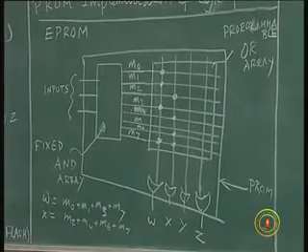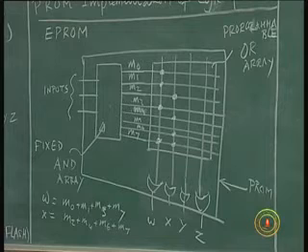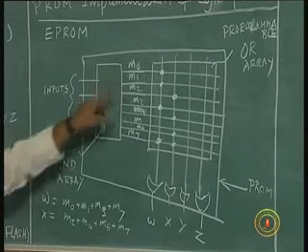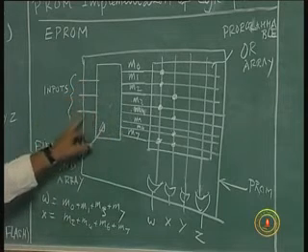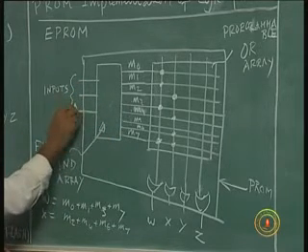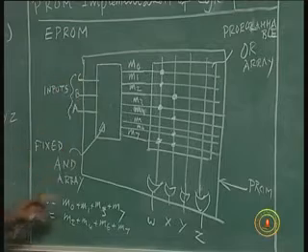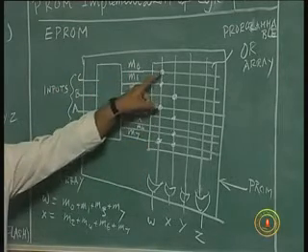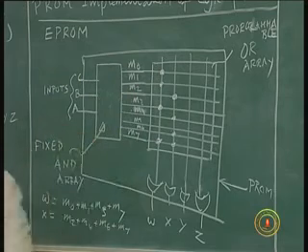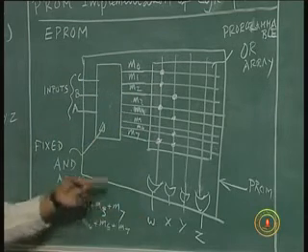Now I have a 3 input, 4 output truth table to be implemented. I take a ROM with 7 minterms, connect my inputs ABC here, and get 7 outputs. These connections are made by programming, so that W will represent this, X will represent that.